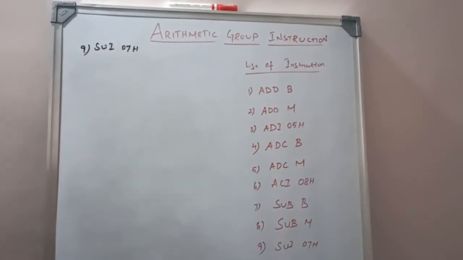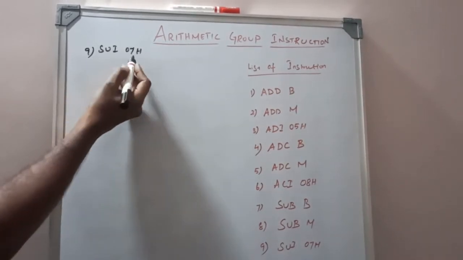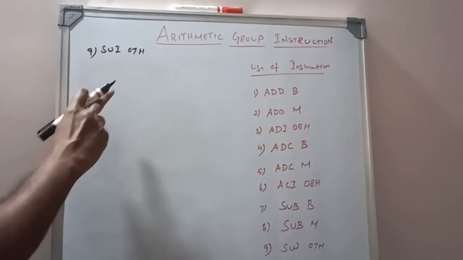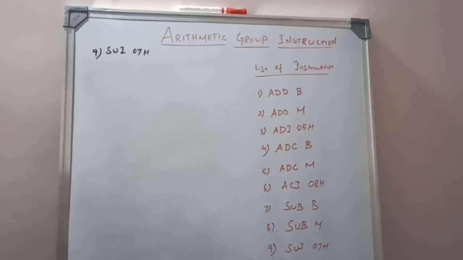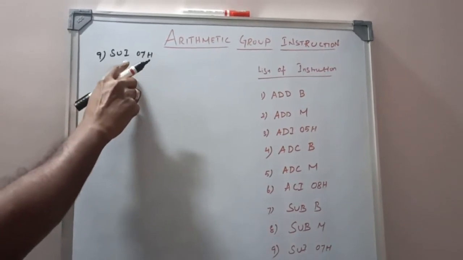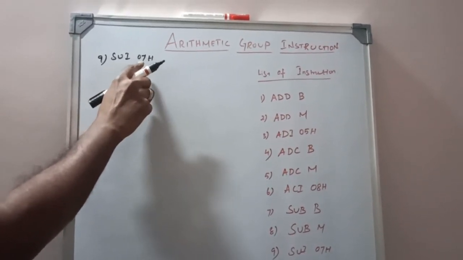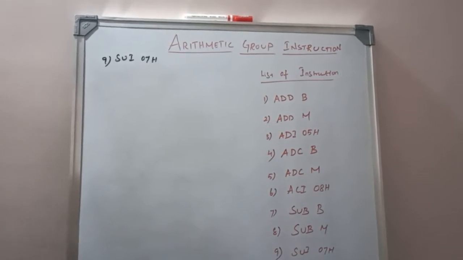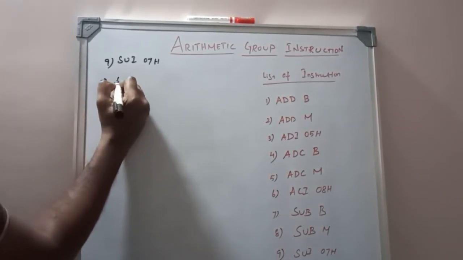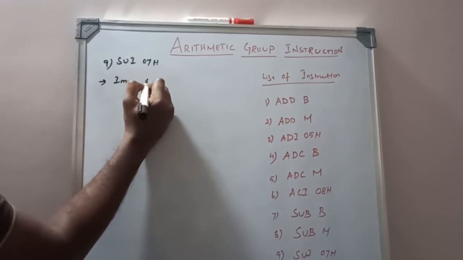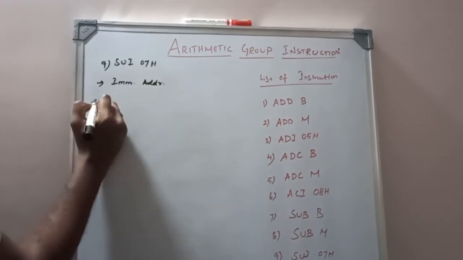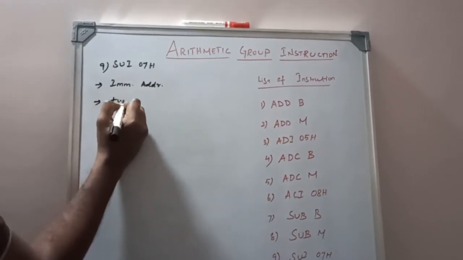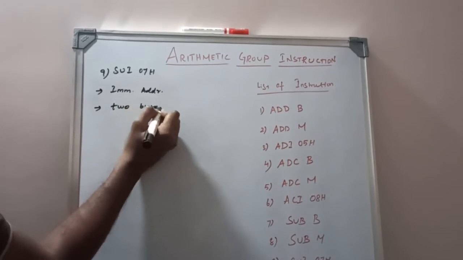Next, the ninth one, SUI 07H. In this instruction you use immediate data, so in the instruction itself you pass the immediate data. We subtract the immediate data 07 from the accumulator content. Type of addressing mode: immediate addressing mode. Byte of instruction: 2 byte.